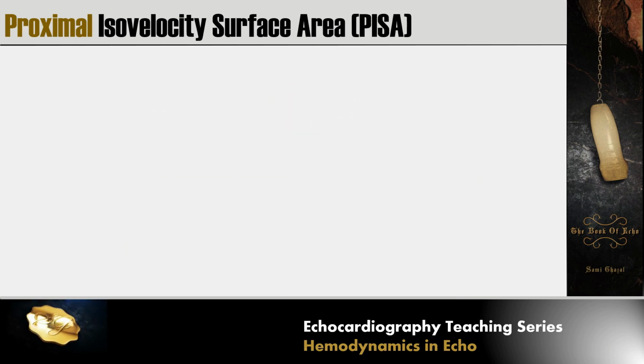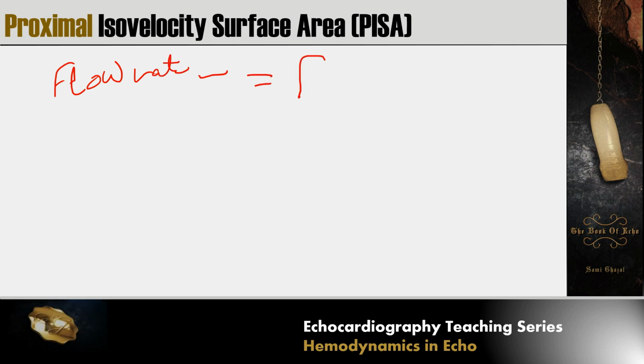Proximal isovelocity surface area is another form of the continuity equation. So as we mentioned earlier, flow rate in equals flow rate out.